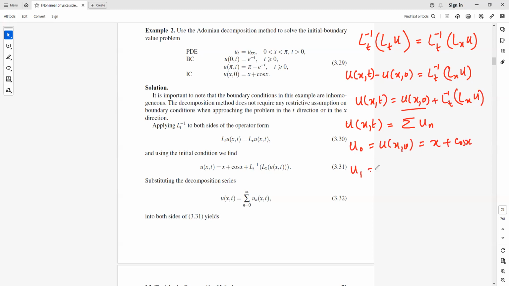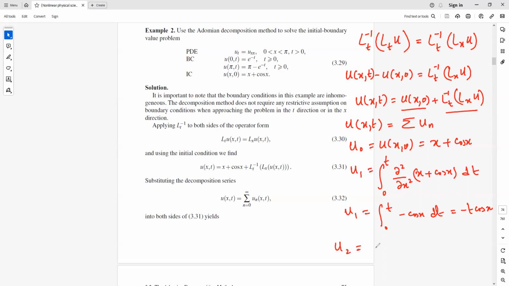Then for u1 we need to apply this operator, which means integrate from 0 to t by first partial differentiating this function, that is u0, x plus cosine x, with respect to x twice. Therefore we get the result as negative cosine x dt, which gives negative t cosine x.